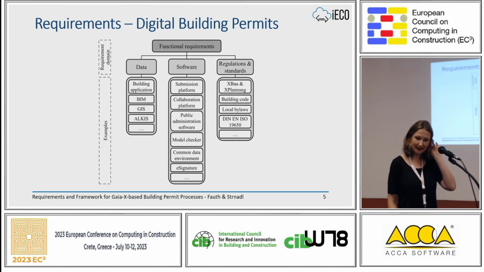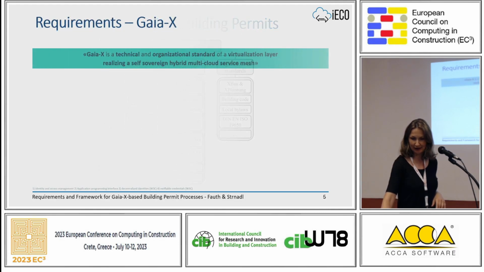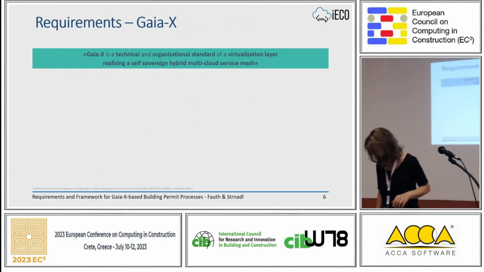For the software, as I mentioned in the survey, we have this public administration software, but also software for the submission platform and the collaboration platform. We may have a model checker and other software applications in the future. We also need to consider regulations and standards like X-Bau and X-Planung in Germany, but also the building codes and other bylaws, or maybe even some ISO and DIN standards. And now I give the stage to Christoph.